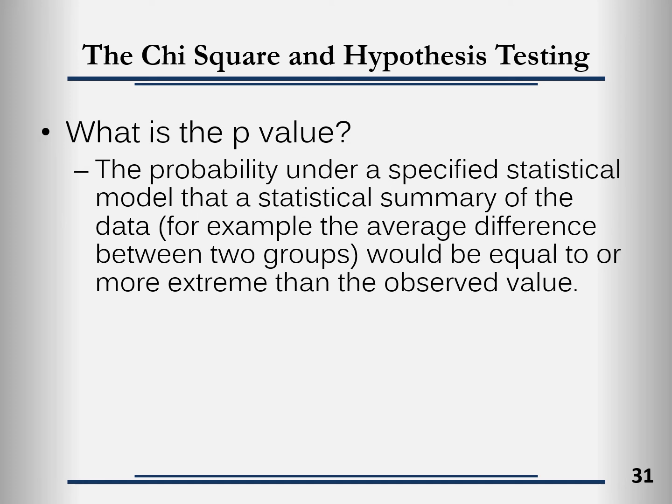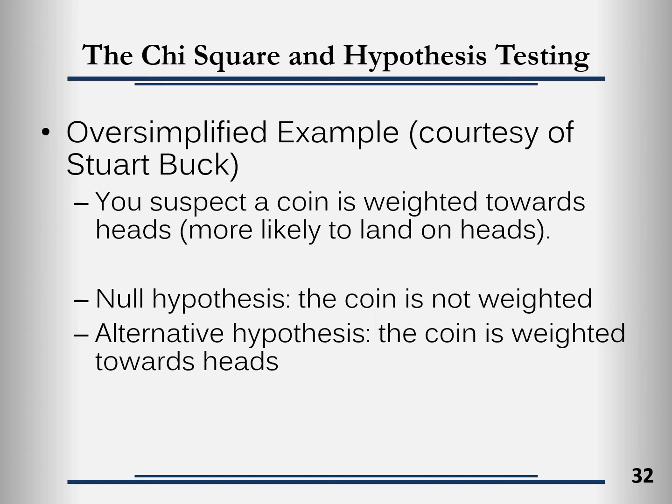That may not be clear, so let's look at an example. This is an example that was formulated by Stuart Buck, and I've taken it as my own, and I've credited him so that you'll know where it came from. But let's tease through what this p-value is explaining to us.